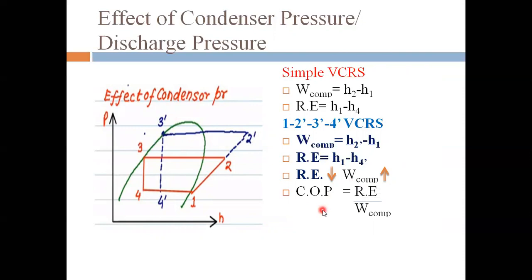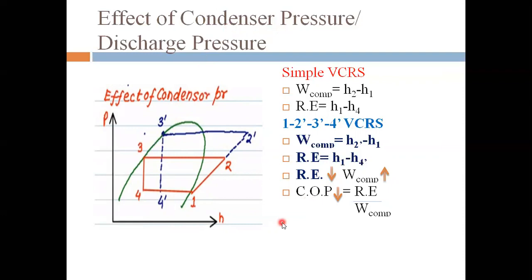Now what is the change in the COP? In the case of the COP, we are having a reduction in the COP. The reason is that we are losing refrigerating effect, we are giving more work, but we are getting less COP because the numerator is decreasing and the W compressor denominator is increasing. So we will have a decrease in the COP when we change the condenser pressure.